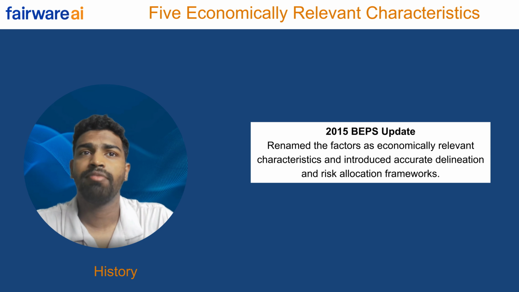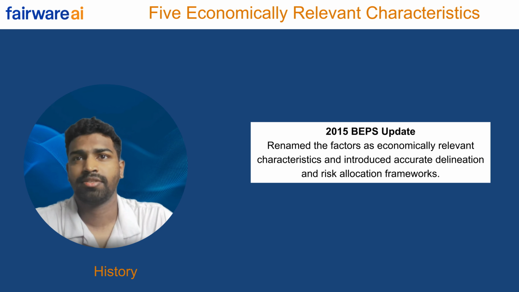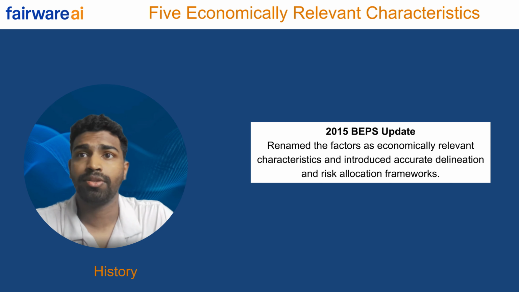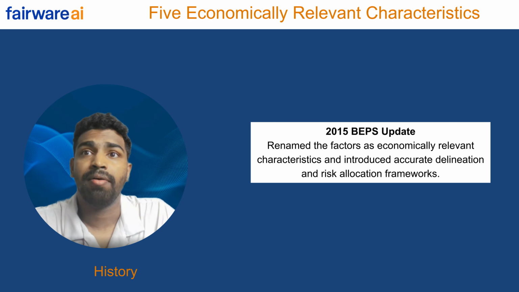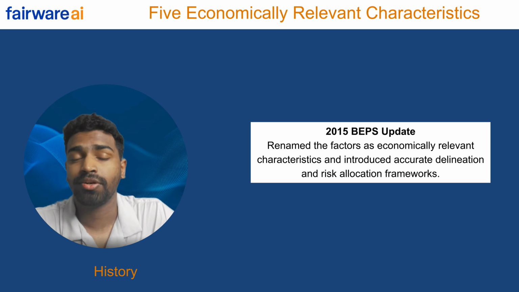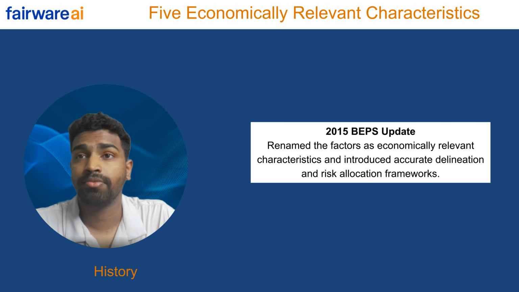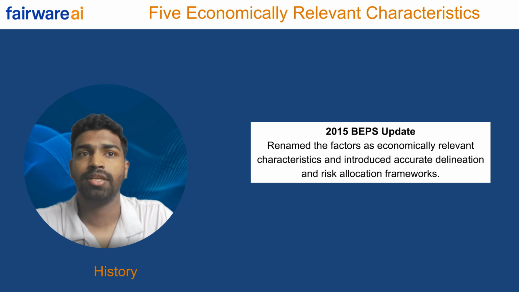If the contract says one thing but reality says another, the tax authorities have the power to reallocate the risk, and the price is based on the economic reality, not on the contract.